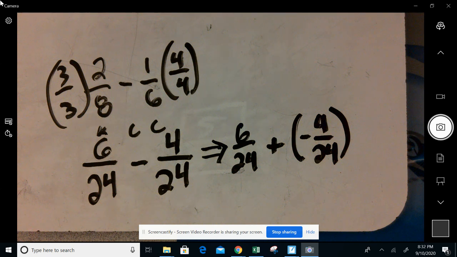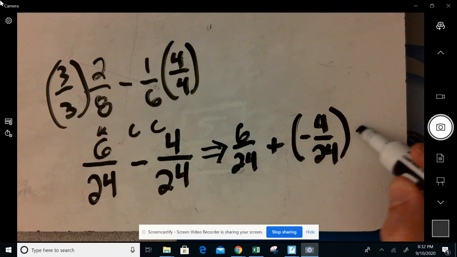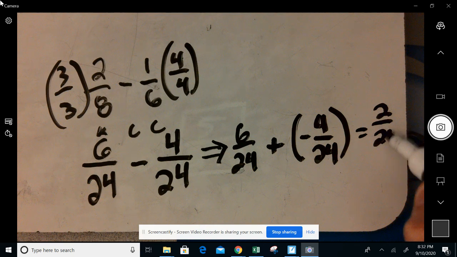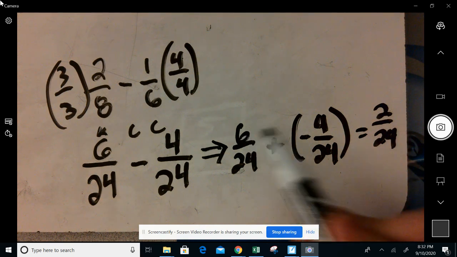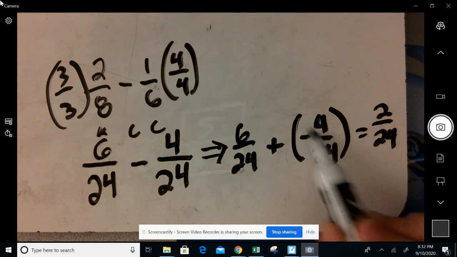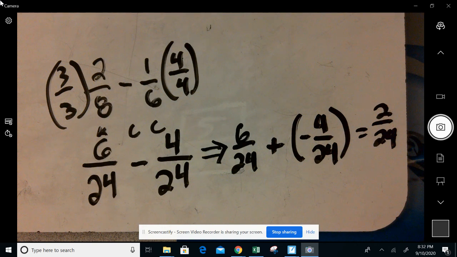You don't have to do that, that's just one way to do it. And then you do 6 plus -4, which would be 2 over 24. It would be positive because 6 is positive, it's bigger than the 4, which is negative. And you can reduce it then to 1 over 12.